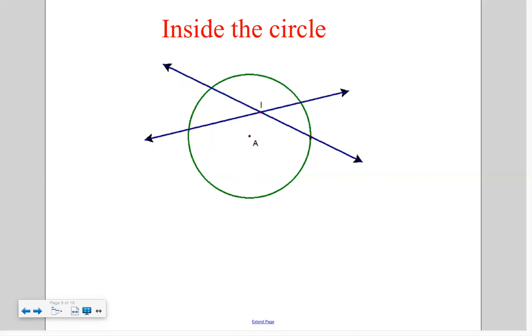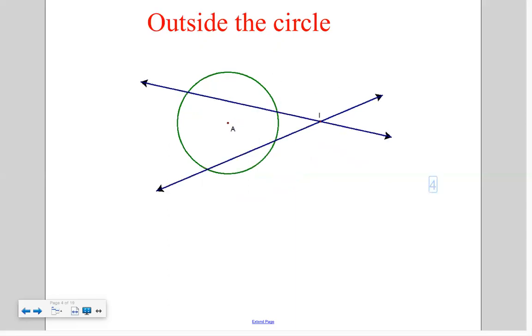Central angles are very nice because they're equivalent to the arc measures that they make on the circle. But the last place would be outside the circle. In this case, we have our two secant lines, and they would both go through the circle, but the intersection of those lines is outside the circle.